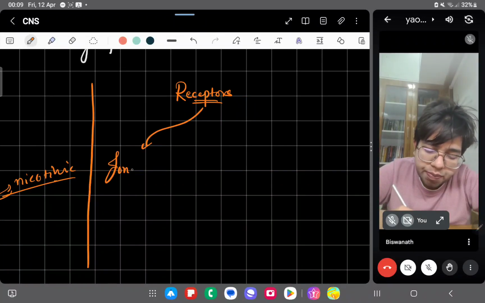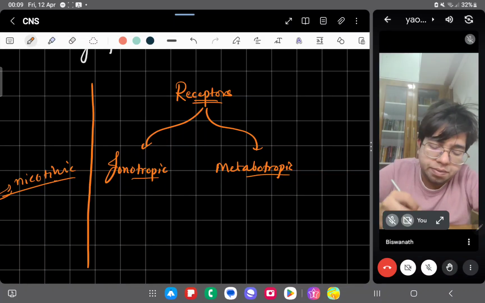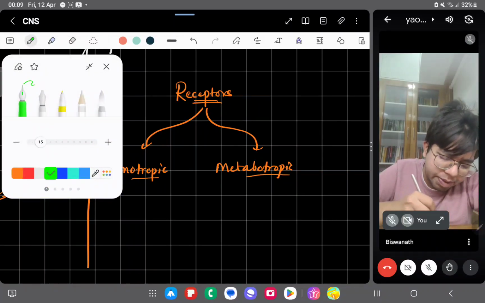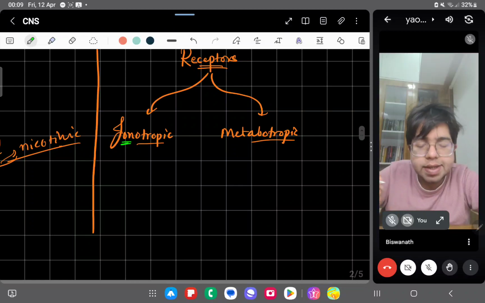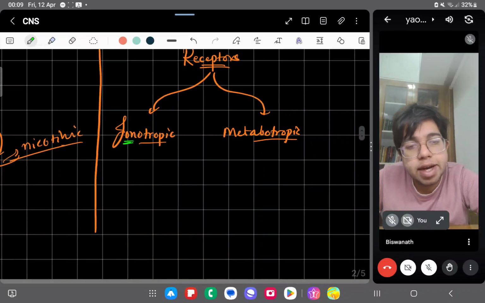One is your ionotropic, one is your metabotropic. You can know from the names. At least this one you can know from the name. Ionotropic means it will directly open your ion gated channels. What are the ion gated channels?